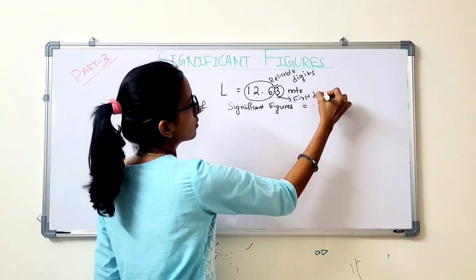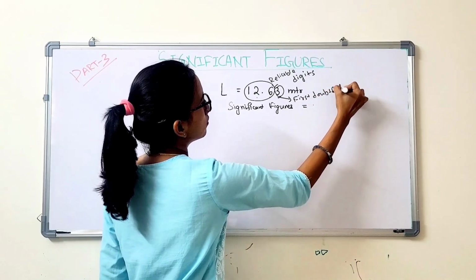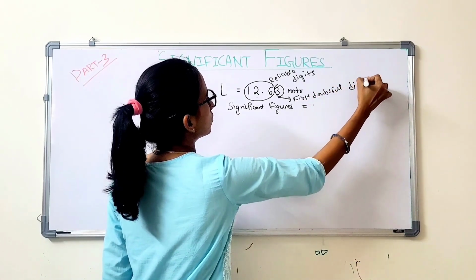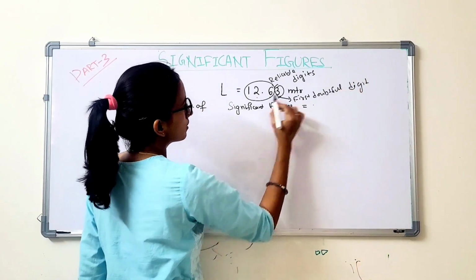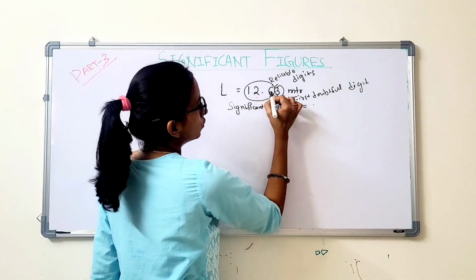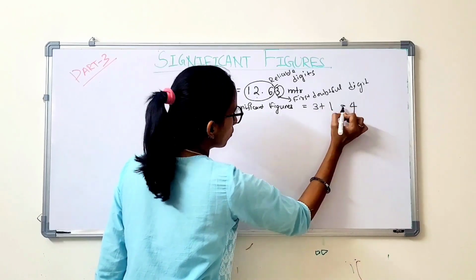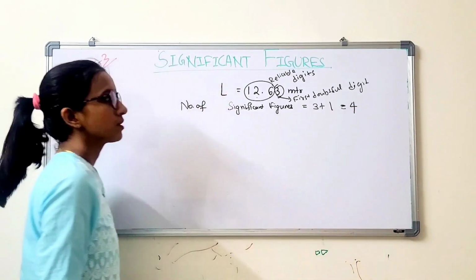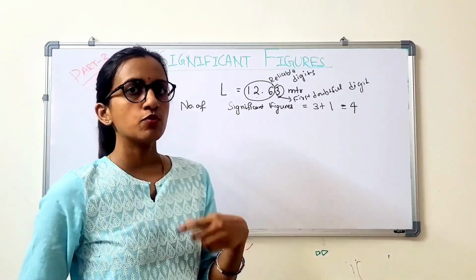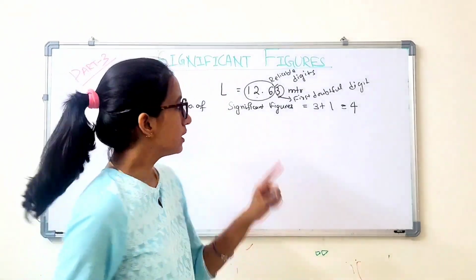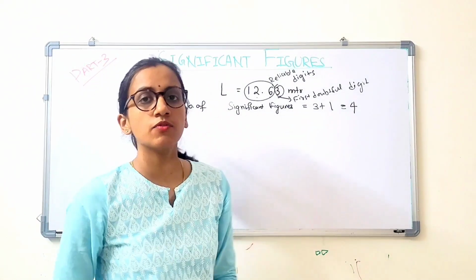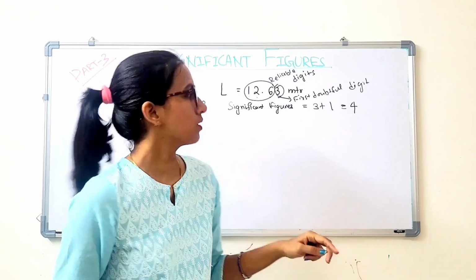So the total number of significant figures here will be 3 plus the first doubtful digit, that is 4. So the rule says if we change the unit, then the number of significant figures will not change.